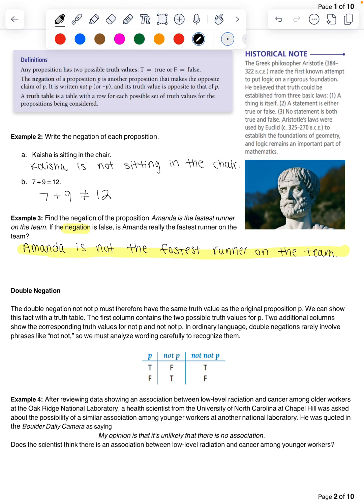Therefore, is Amanda really the fastest runner? Yes. If the highlighted statement is false, then she must be the fastest runner. So if the negation is false, then Amanda is the fastest runner.